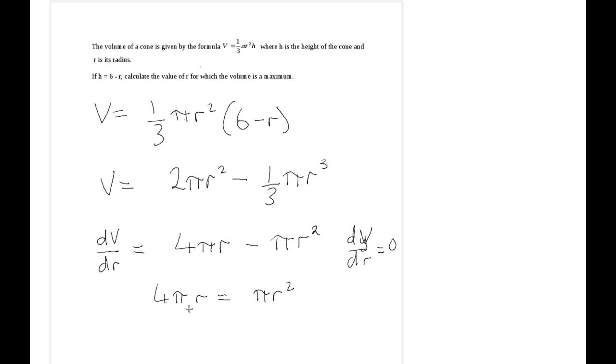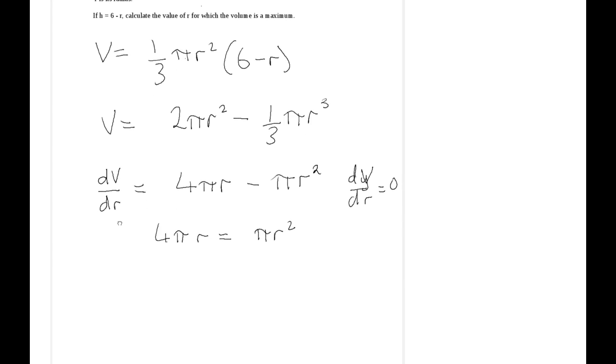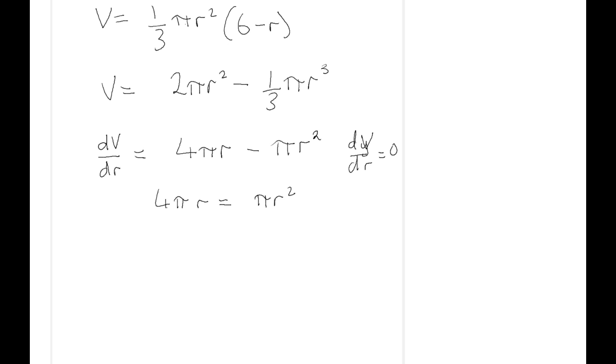Okay, let's have a look. So we rearrange it. Let's just move the screen up a little bit, gain some space. Okay, so if I rearrange that, it's quite simple. Take my r over here, my 4 and my pi over there, and I will get 4 equals r, or r equals 4.